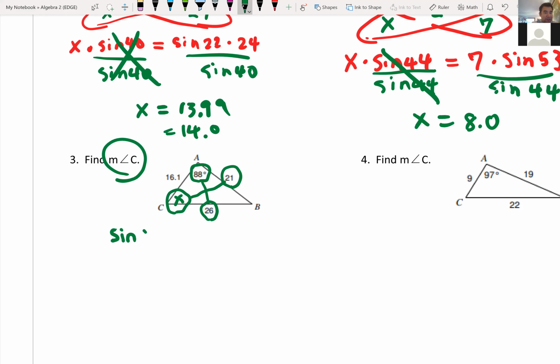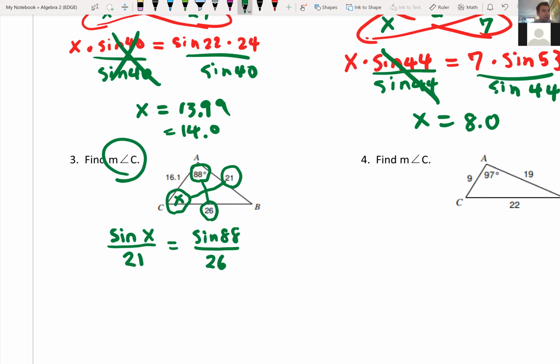So sine of X is to 21. Right? That's the first pair. And the second one will be sine of 88 is to 26.